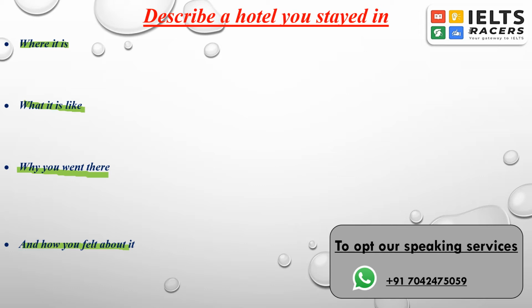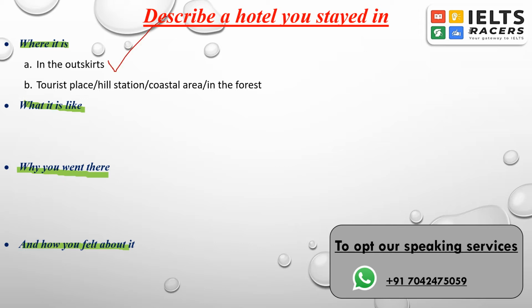My very first question is where it is. Look, multiple ideas, like I will tell you so many ideas here, and with a few of them you can generate the cue card. It can be in the outskirts, in the suburb, in a peaceful environment, or you can talk about some famous tourist place, any hill station, coastal area, or maybe in the forest.